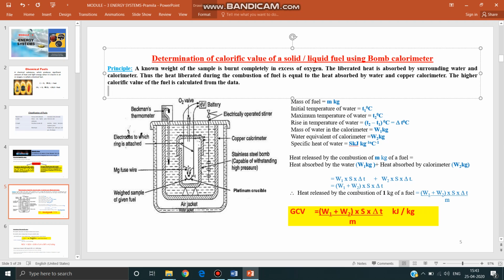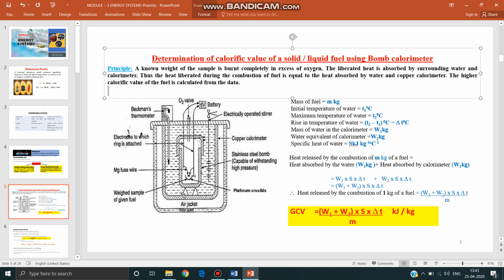These magnesium fuse wires are connected to two electrodes, and these two electrodes are connected to a 6-volt battery. There is one oxygen valve for the combustion process. Through this oxygen valve we supply oxygen at 25 atmospheric pressure.